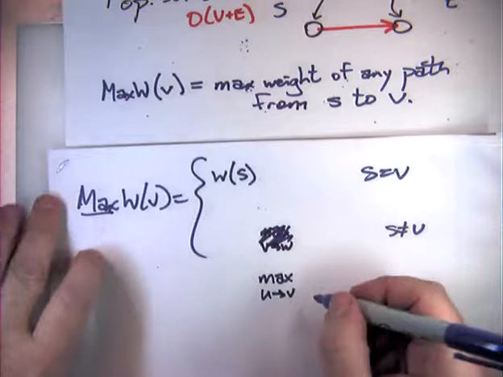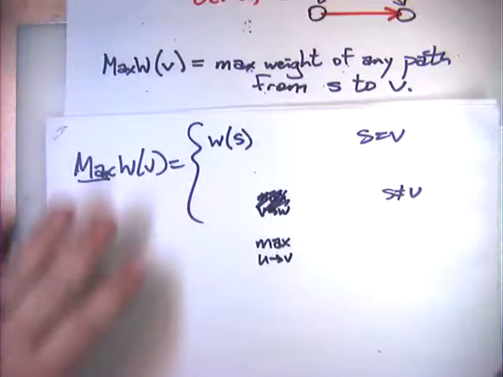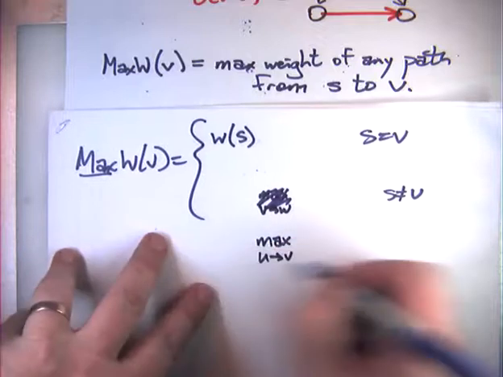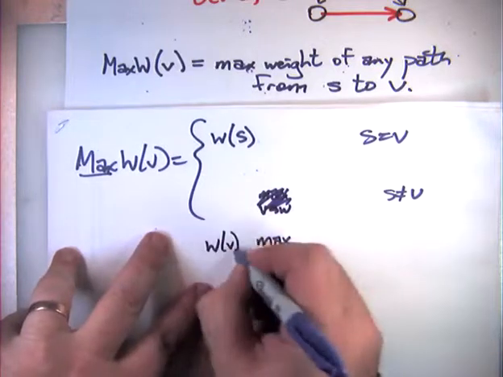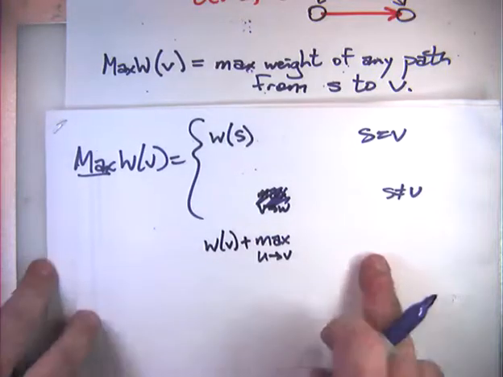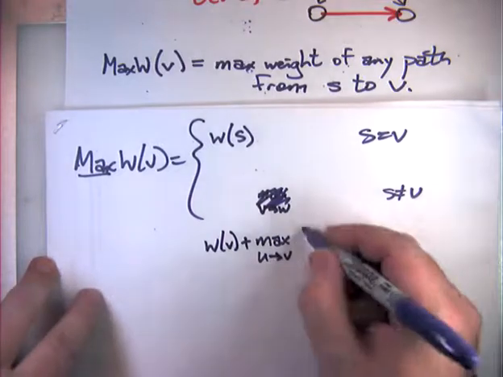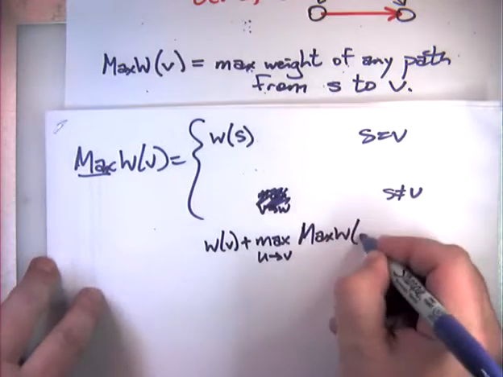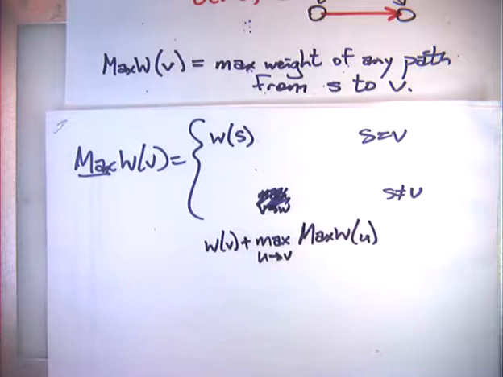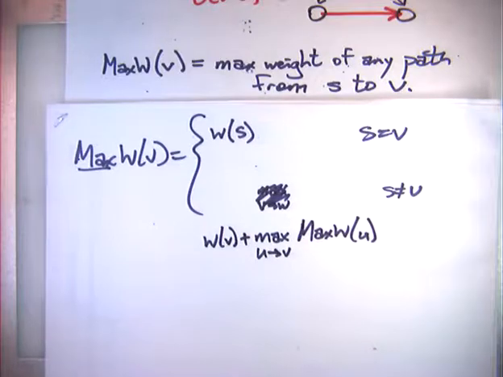So remember the vertices have weights in this case. So I'm always going to use the weight of V. Always. And then the rest of the path, the only question I have to ask is where does the rest of the path end? If it ends at U, then I want the best way to get to U. Okay?